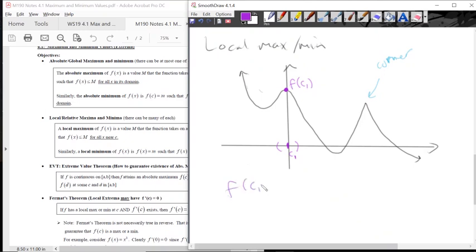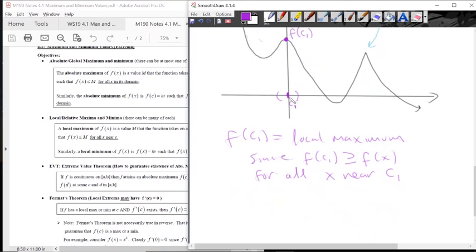Then f of c1 would be a local maximum of the function, since f of c1 is greater than or equal to f of x for all x which are quote-unquote near c1. And by near c1, we mean in this interval right here. If I call this interval I1, then x is contained within the interval I1.